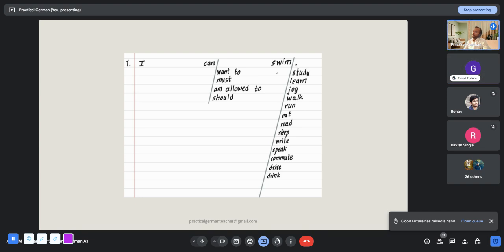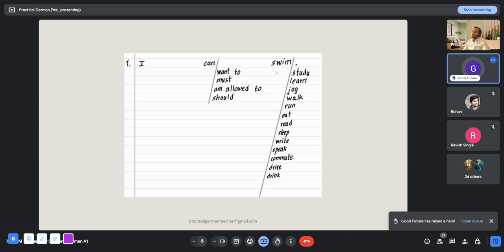Say it for ihr, which means you, informal, more than one person. Ihr könnt schwimmen. Very good. Ihr möchtet schwimmen.